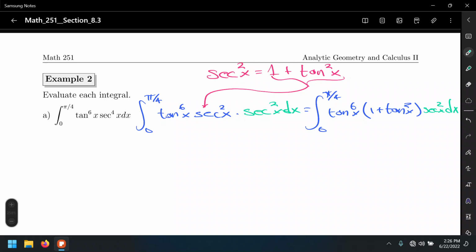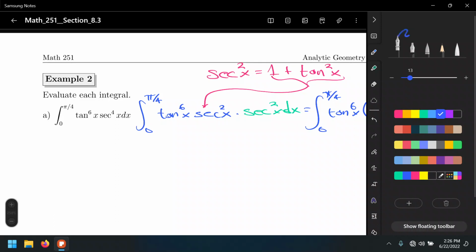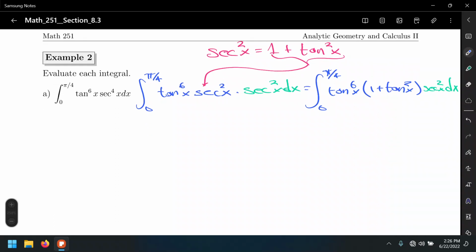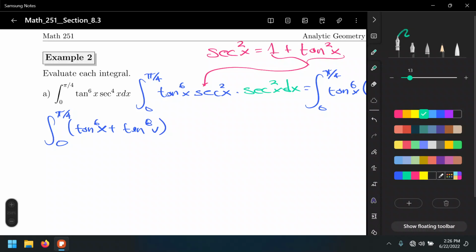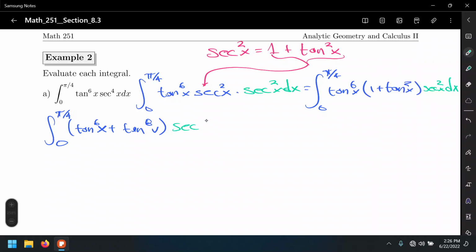So let's see. Let's distribute this: integral from 0 to pi over 4 of tangent to the 6th plus tangent to the 8th, times secant squared x dx.